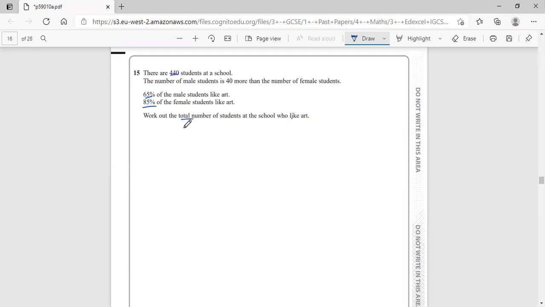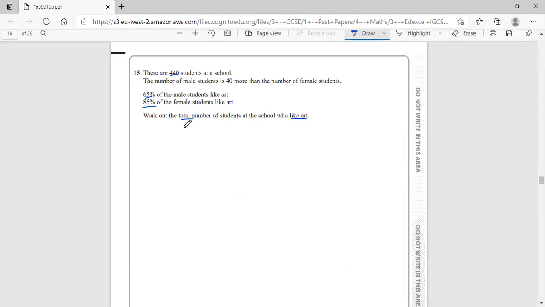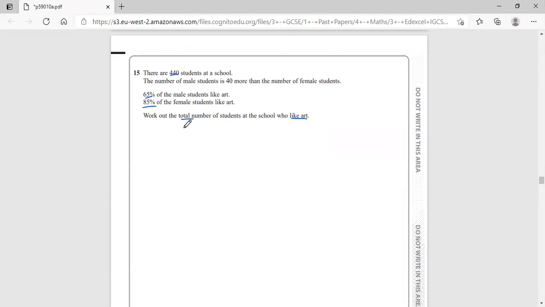Okay, so first step is to work out how many males and females are in this school. So we can write out a little formula. What we're going to do is call the number of female students x, okay? So the number of male students is going to be x plus 40, okay?